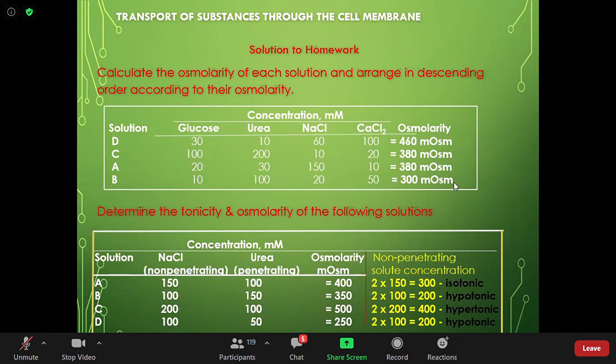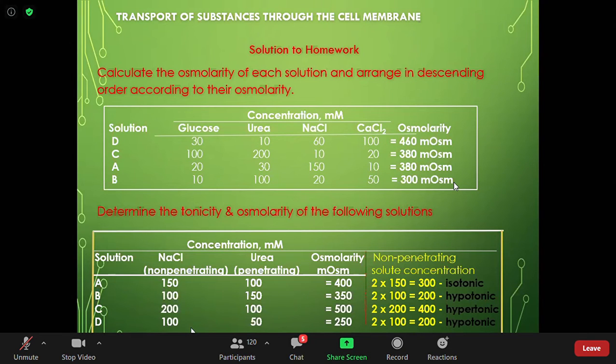For example, this one, your glucose. So how to arrange is A, B, C, D. Okay? So your A, glucose is 20, urea 30, sodium chloride is 150, calcium chloride is 10. So 380 milliosmoles.